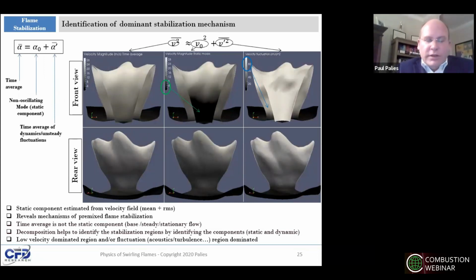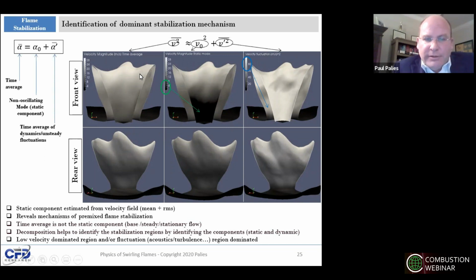Now, we have looked at the mechanism in terms of instantaneous budget on iso flame surface. Now, we look at the static component and the dynamic component. So to do that, I attempt to extract the static component from the time series data, and this is represented here. You see the first column, it's a front and a rear view of the flame.